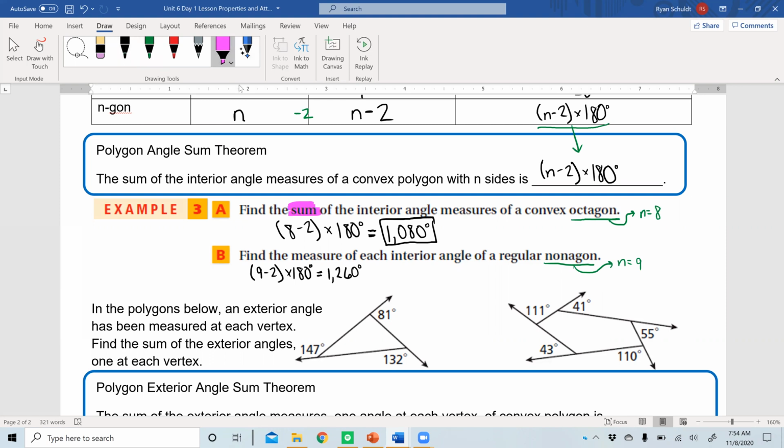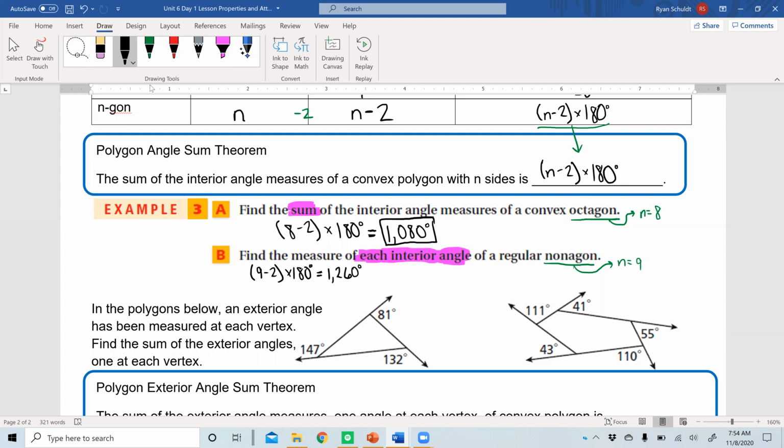Now, does it ask me for the total, for the sum? No, it asks me for each angle. Each interior angle. Sorry, I need to highlight that too. Each interior angle. Well, how many angles do I have? 9.